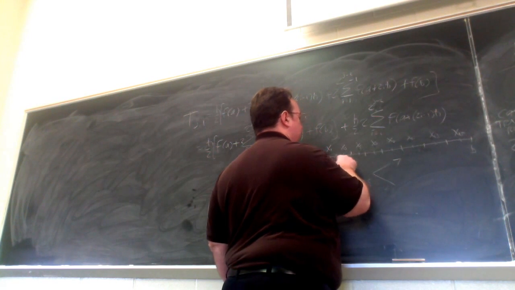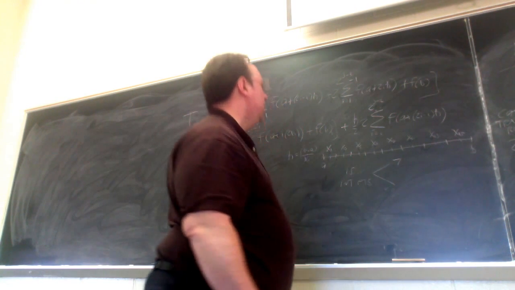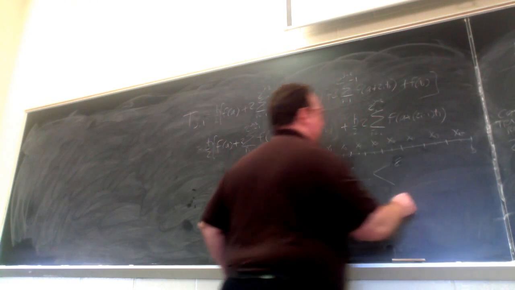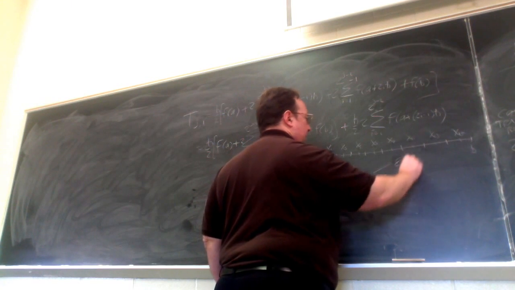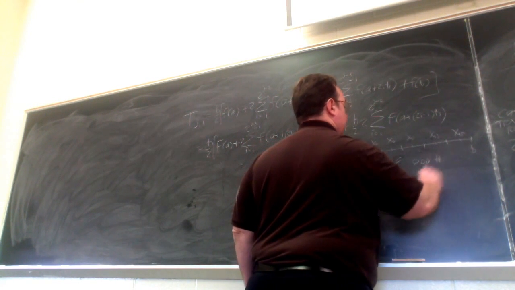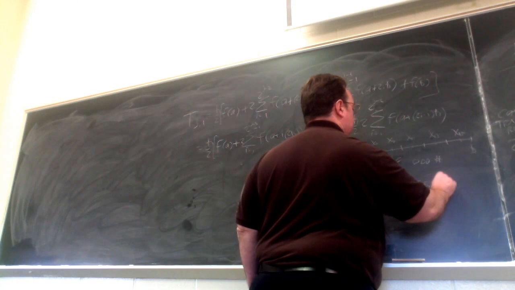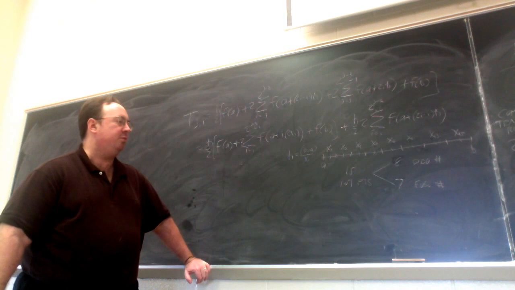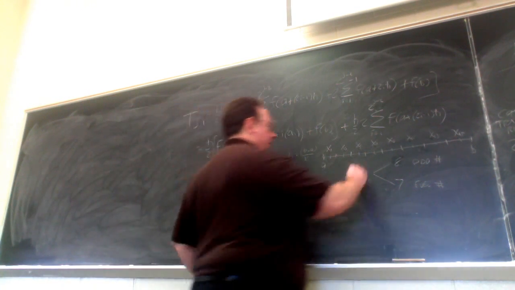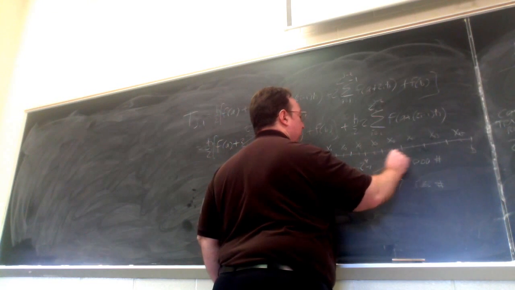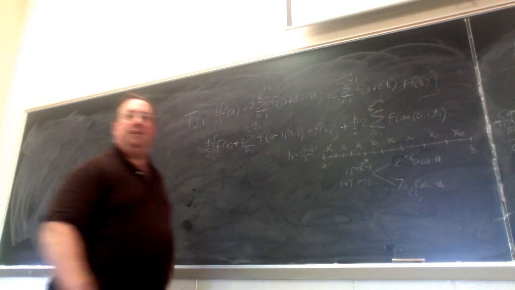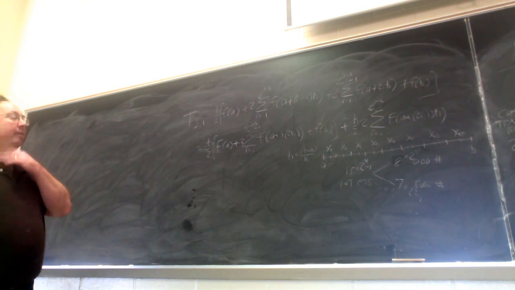No, 8. I forgot to count this last one. And then I have 7 even numbered. So the number of even numbered interior points is always a power of 2 minus 1. So here we have 2 to the 4th minus 1, and this is 2 cubed, and this is 2 cubed minus 1.